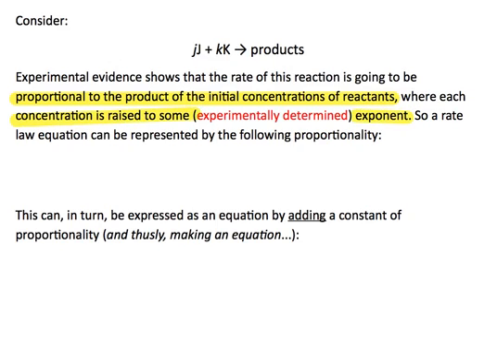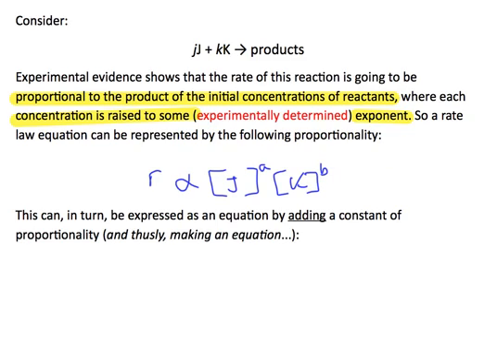So we can write this as a proportionality: rate R is proportional to the concentration of J multiplied by the concentration of K, each raised to some experimentally determined exponent.